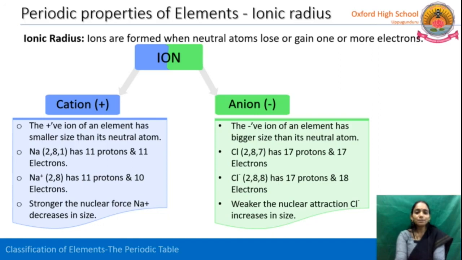Are you clear? Cations, the positive ions, have smaller size than their neutral atoms, whereas anions are bigger. This is all about ionic radius.